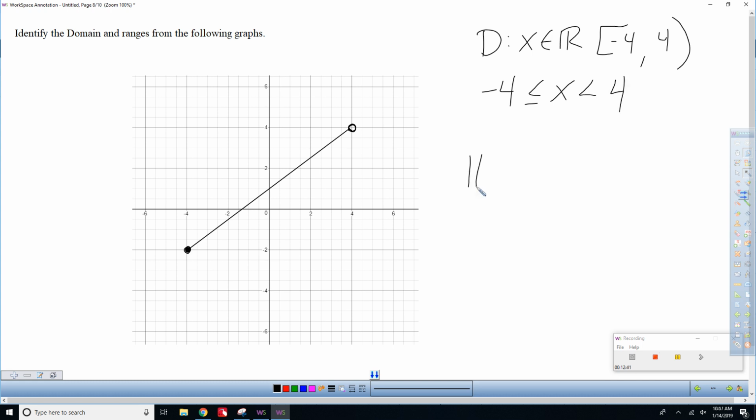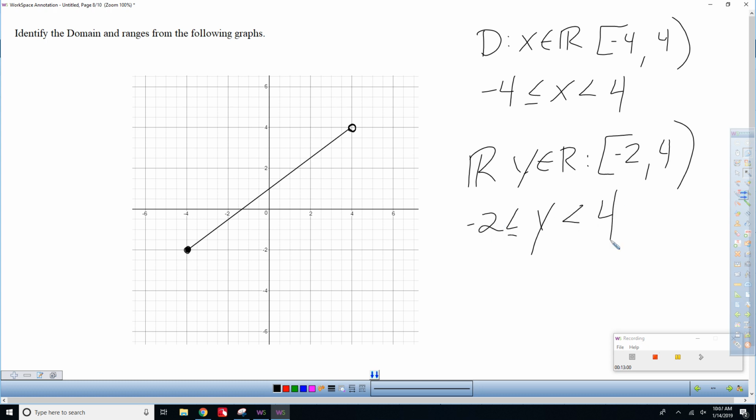For the range, y is also a real number, and y goes from negative 2 to positive 4. You could also write that as y is greater than or equal to negative 2 and less than positive 4. Okay?